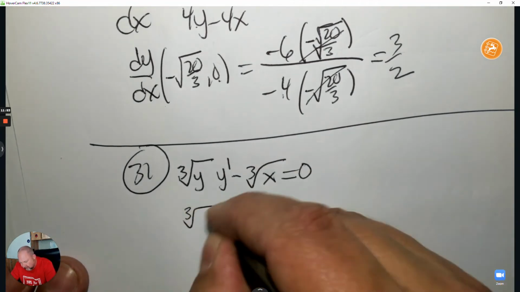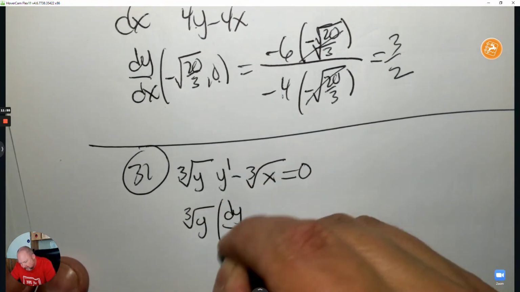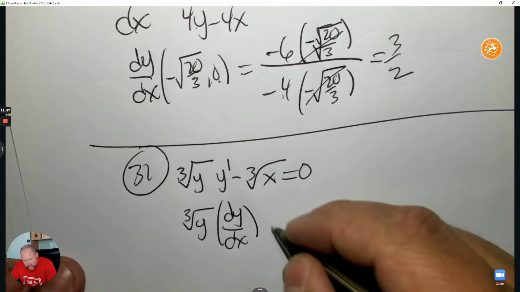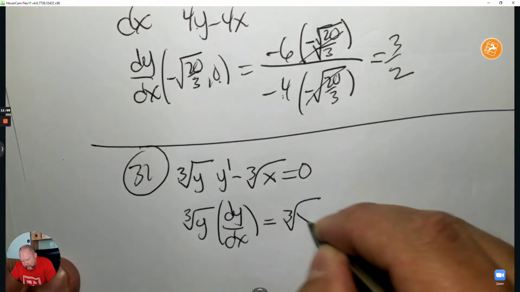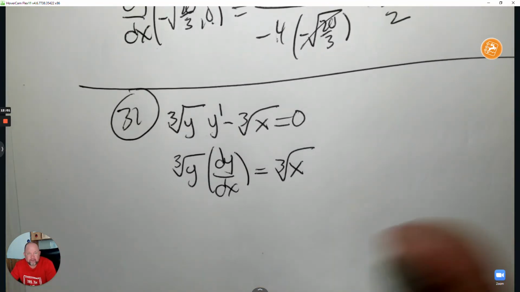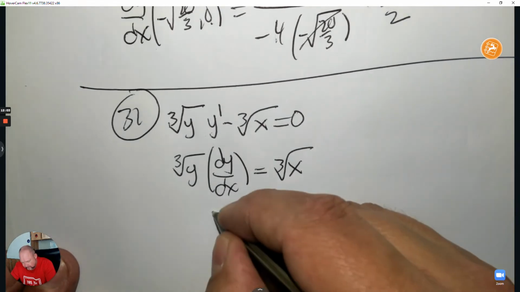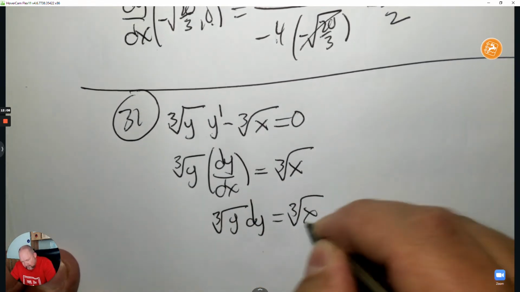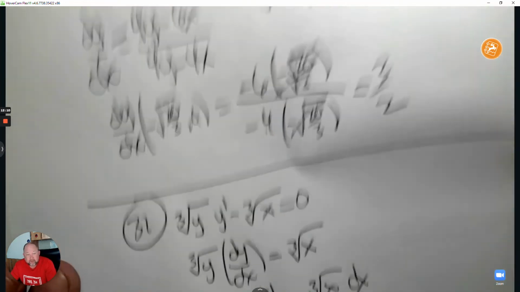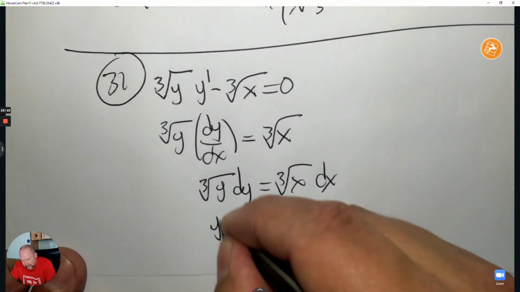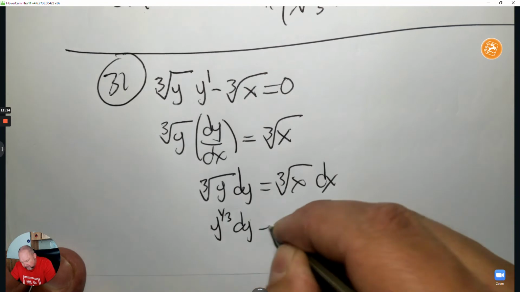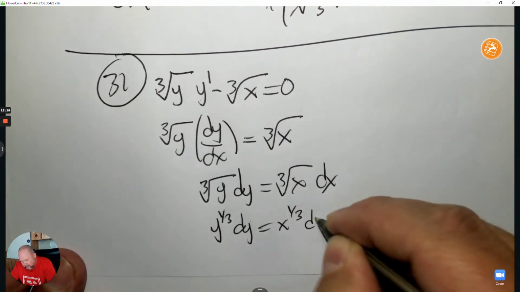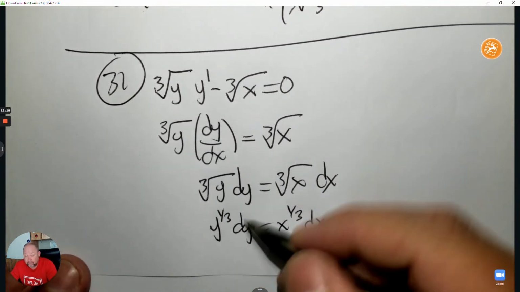Step 1 is to change that to dy by dx. I'm going to add the cube root of x to the other side. I know I need to separate the variables. It'd be helpful at this point to make it calculus friendly, to write this as the exponent 1/3 and to write this as the exponent 1/3. And then it's actually pretty simple.